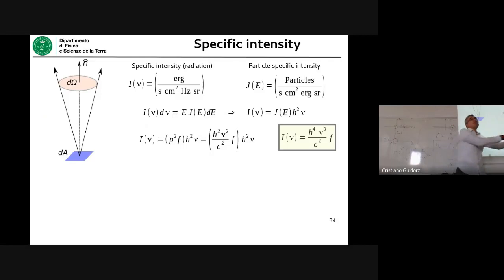Now I have a source which is moving, in the most general case, so I wonder how I is affected. This is the answer we are going to get. If you look at the expression I highlighted here, you already know that f is a Lorentz invariant. So when you move from the comoving source frame to the observer frame, f doesn't change.